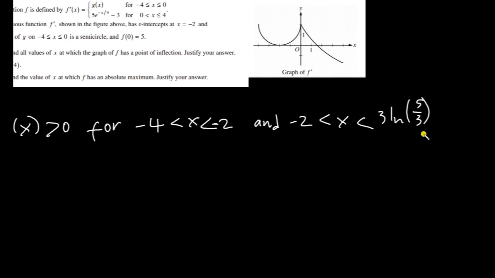The reason I wrote it this way is just to exclude x equals negative 2, because at that point it's not greater than 0, it's equal to 0. So it's basically from negative 4 to this point, but not x equals negative 2, okay?